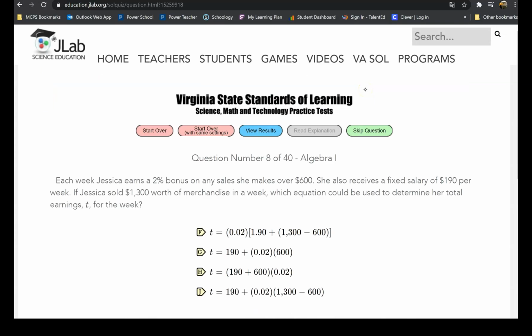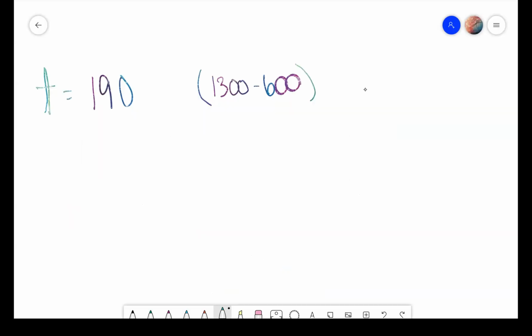And then we can do the bonus, the 2%, on that.